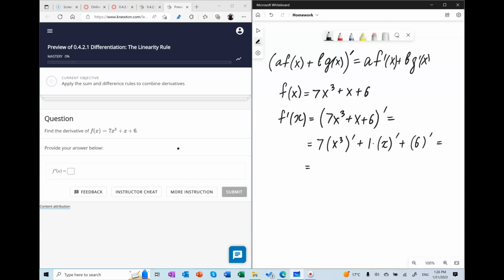And each of those we do know. We have the derivative of x cubed is 3x squared, the derivative of x is just 1, and the derivative of 6 is just 0. So the final answer is 21x squared plus 1.